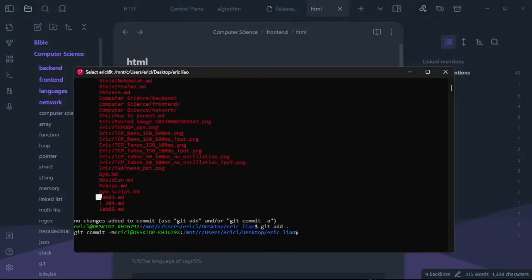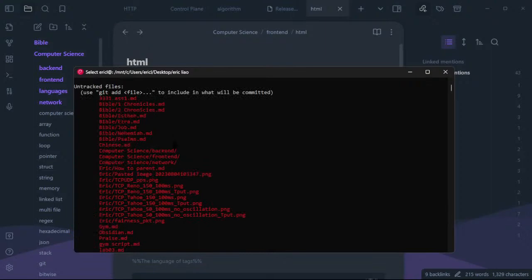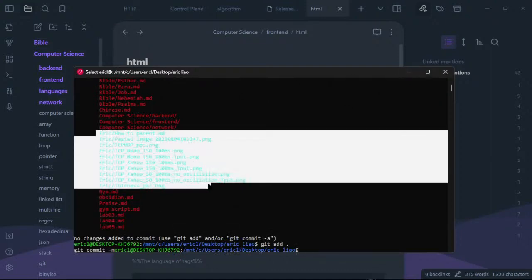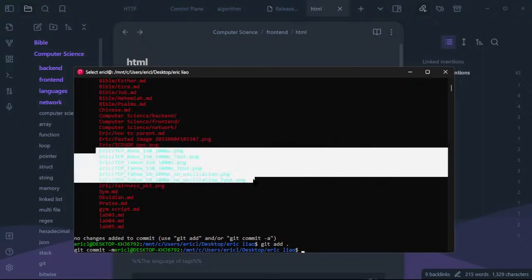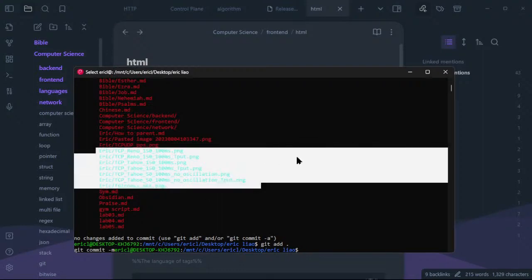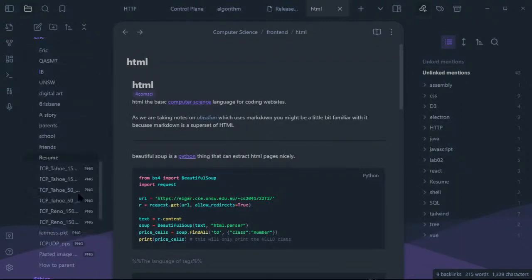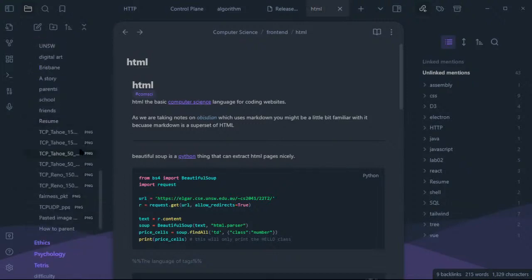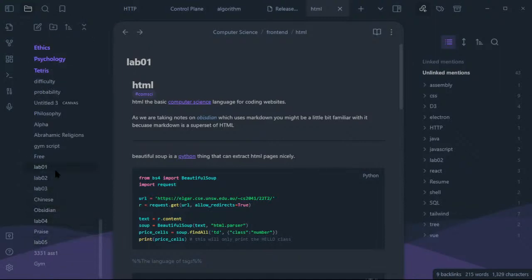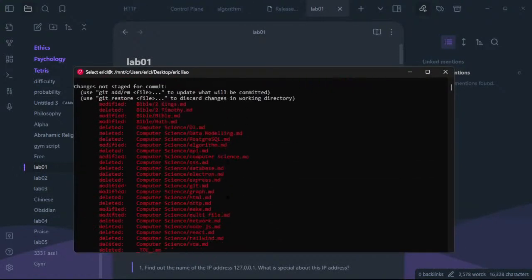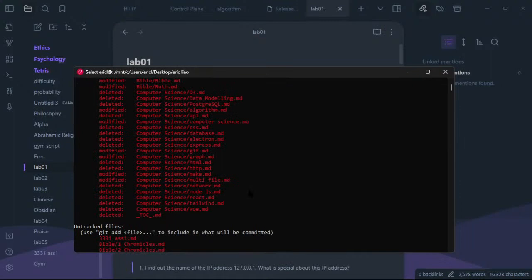Huh? Why is it only 3 and 4? TCP runner. Why is it in Eric? Oh no. I probably just did something. Wait, lab 1 and 2 are here. Oh, but they're already. Oh, so I added them recently, probably.